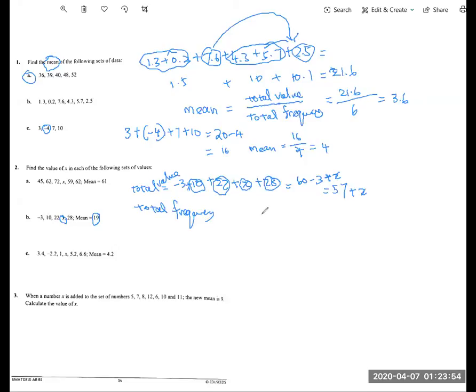So it's equal to 5. Now let's use the formula again. Means is equal to total value divided by total frequency.